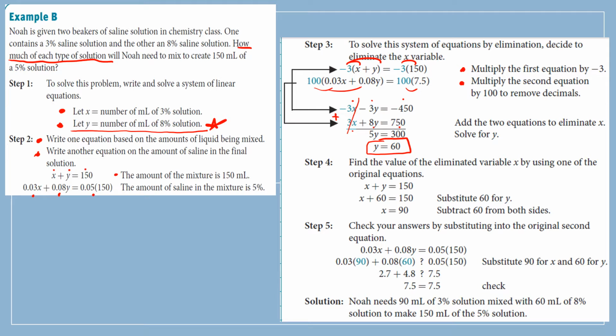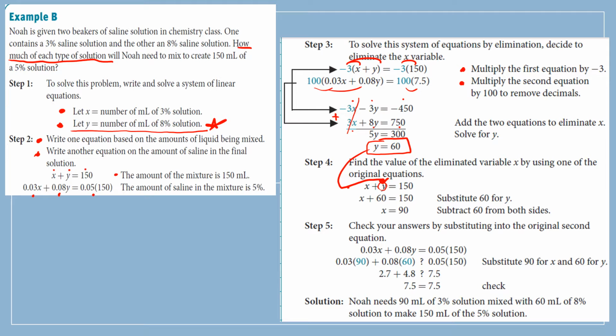So now we're going to find the value of the eliminated variable x by using one of the original equations. So if we use the first equation, x plus y equals 150, and we plug in y, we know y is 60, so we're going to plug it in right here. So x plus 60 equals 150. We just replace that right there.